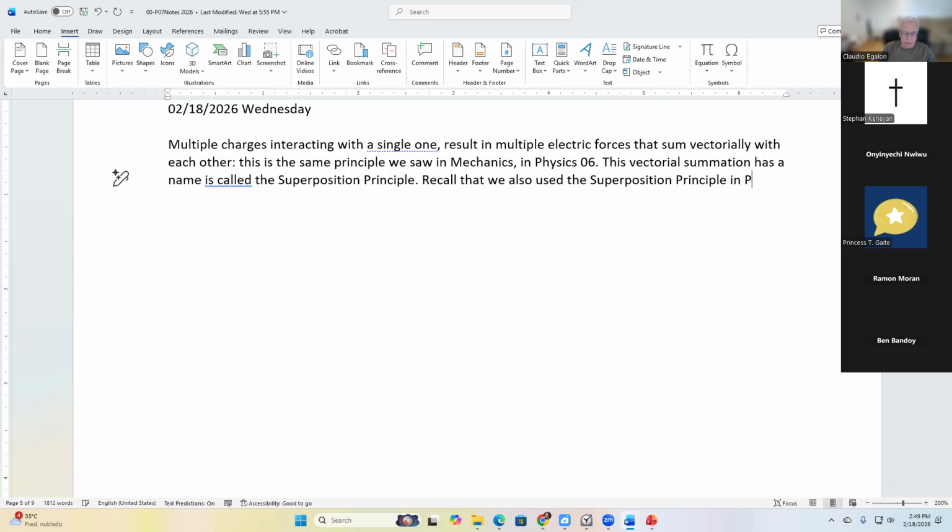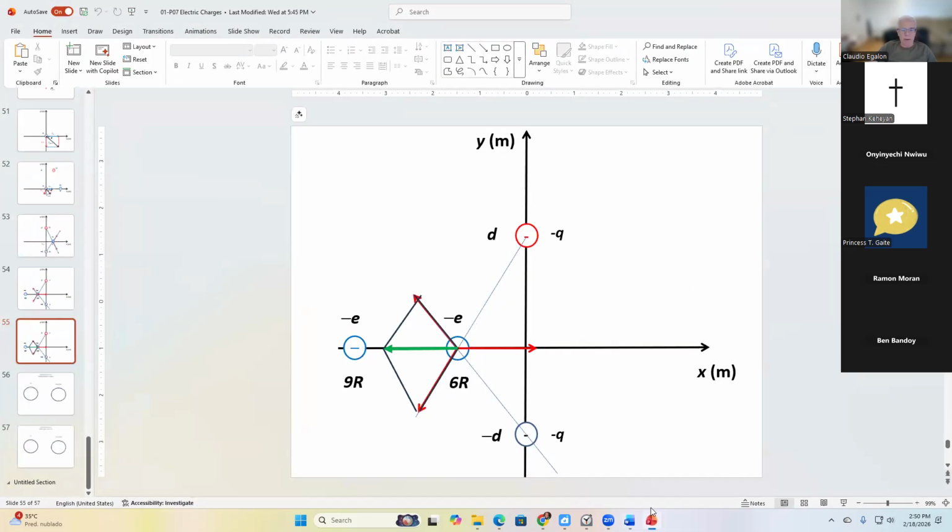It is called the superposition principle. Recall that we also used the superposition principle in physics 6. That's what we have right here. One example.